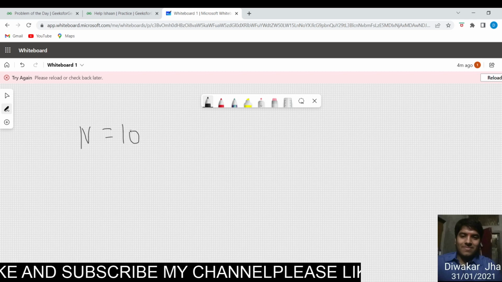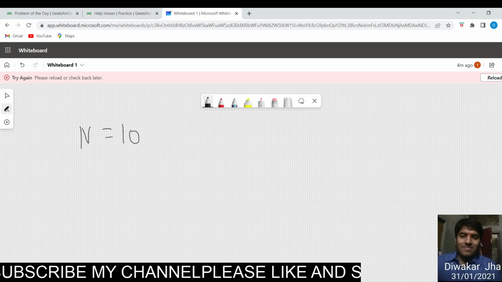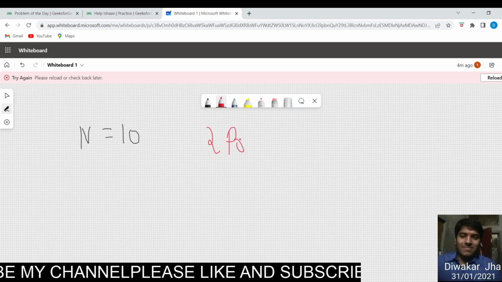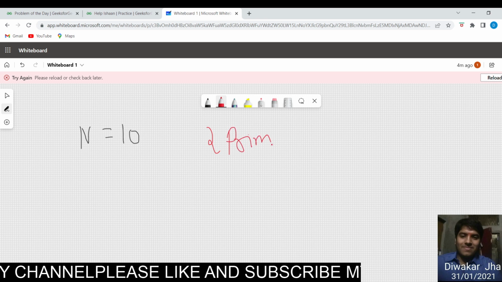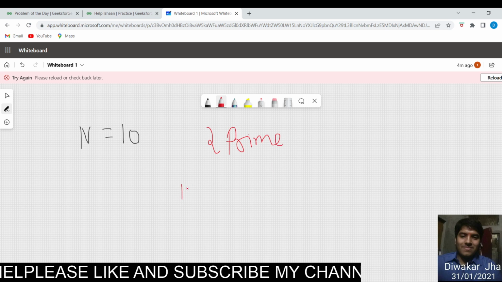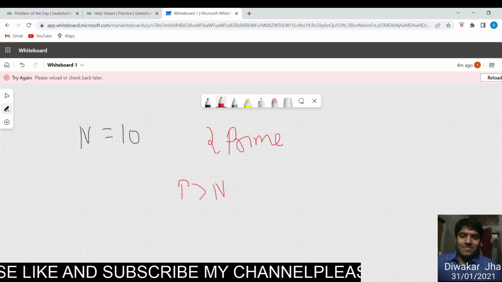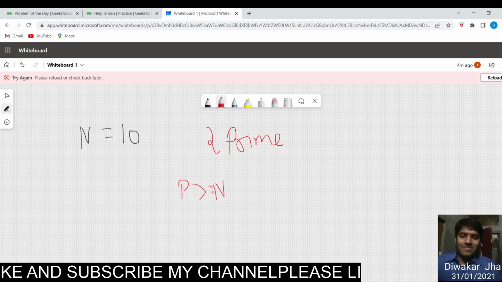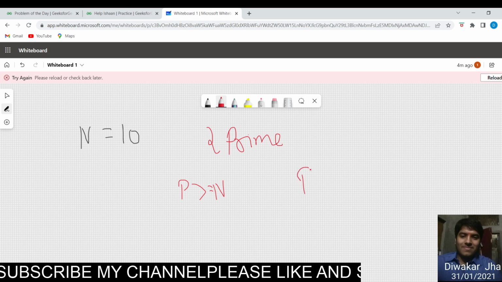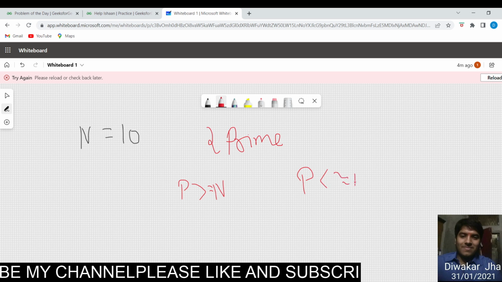Our approach is that we will simply find two prime numbers. The first prime number is greater than n and closest to our n, and the second prime number is less than n and closest to our n.